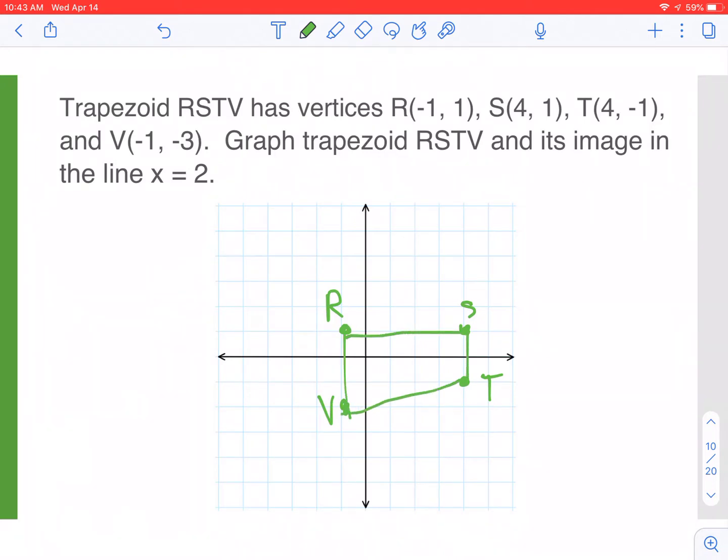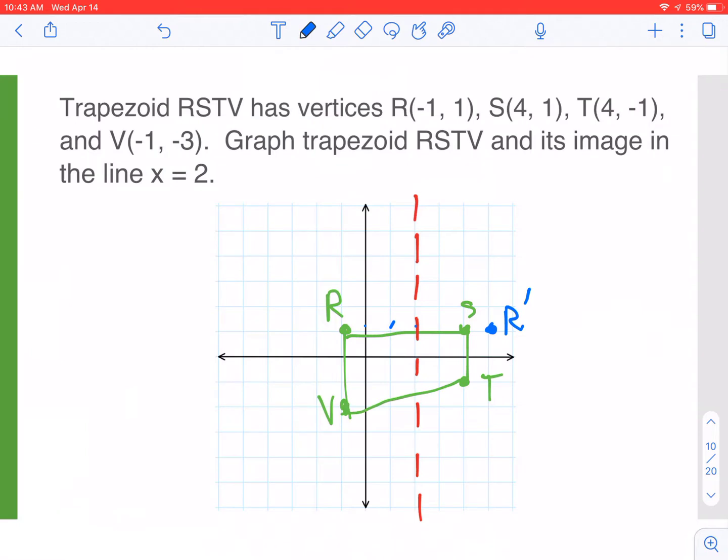Now we're going to reflect it over the line x equals 2. So x equals 2 is right here. Now we're going to count how many away it is from the line and graph our new points. So 1, 2, 3, 1, 2. So here's my R prime.